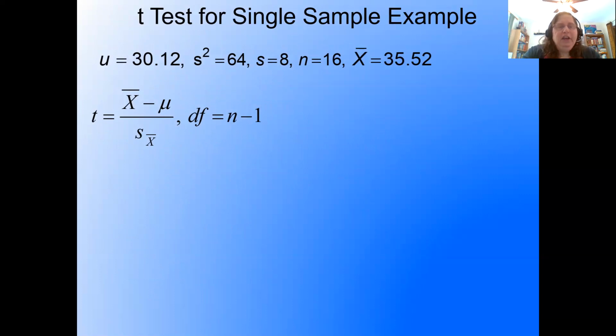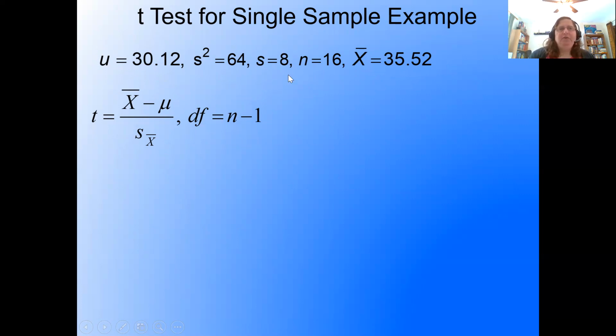So let's look at our setup and decide where we need to start. Remember again that I think it's very useful to go to a word problem and pull out all of the information from that word problem and write it out. So I pulled out mu equals 30.12, s squared equals 64, n equals 16, and x bar equals 35.52.